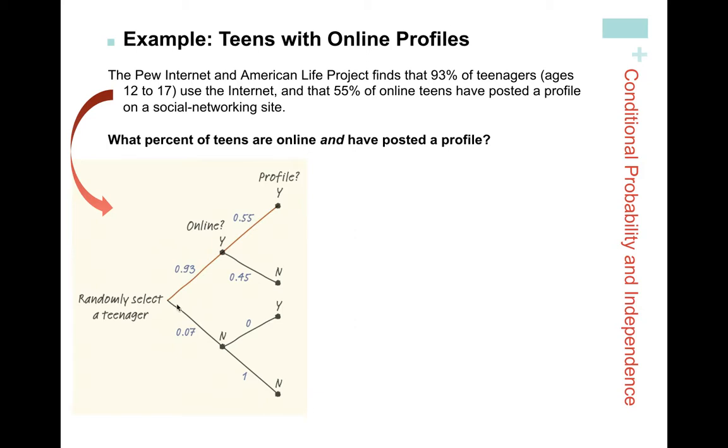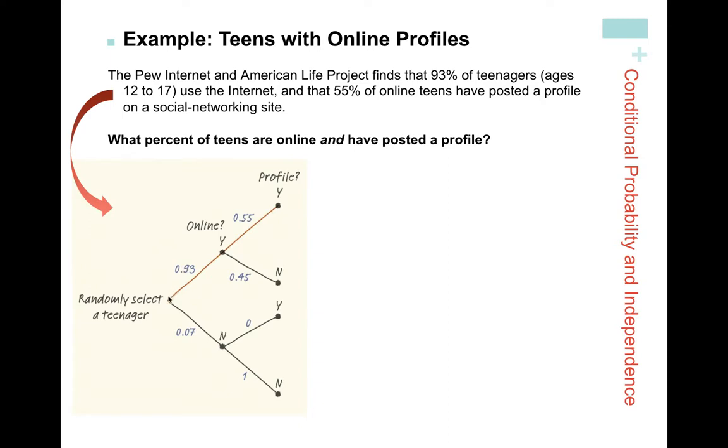If they're online, then we go to this upper branch, which is yes. If they're not online, then the answer is no. We were given that the probability of online is 0.93, so we write that given probability right here.